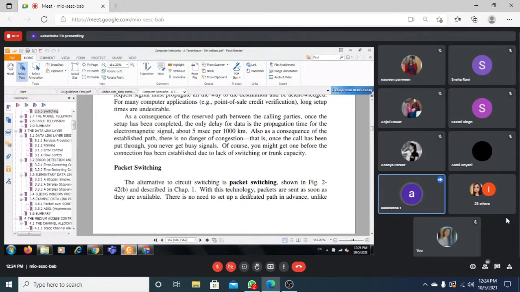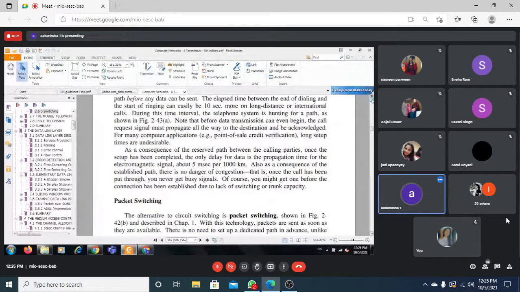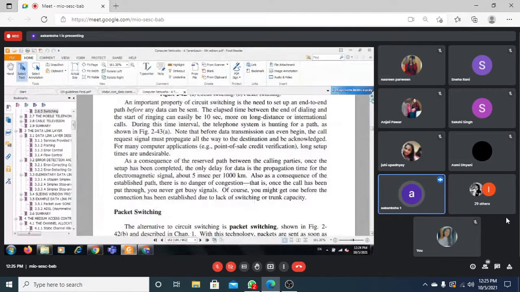So this is a circuit switching process. Now you can see the call request signal must propagate all the way to the destination and be acknowledged by the receiver. But it will take so much time. So in real life computer applications, suppose we have a point of sale credit verification.